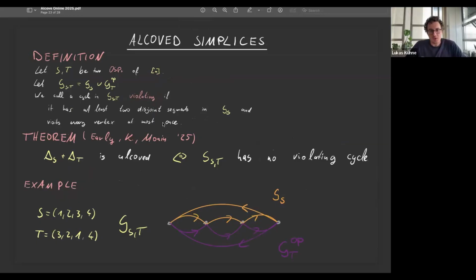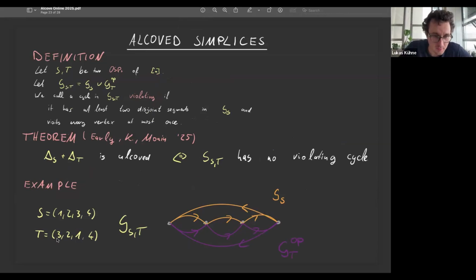And we can look at an example here. Let's look at the example where S is the partition 1, 2, 3, 4, so just singletons, and T is 3, 2, 1, 4. The orange graph is the graph of GS. So I go from 1 to 2, 2 to 3, 3 to 4, and then loop back 4 to 1.